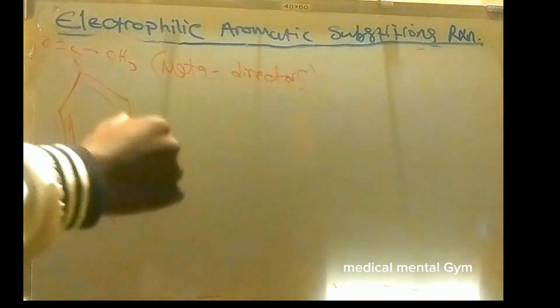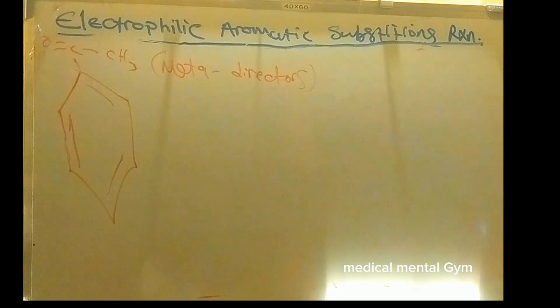All electron withdrawing groups are meta directors, apart from halogens. As we've seen in the previous case, the halogens were directing in the ortho-para position. But as compared to these halogens, these acyl groups and the other electron withdrawing groups are different because they are all meta directors.